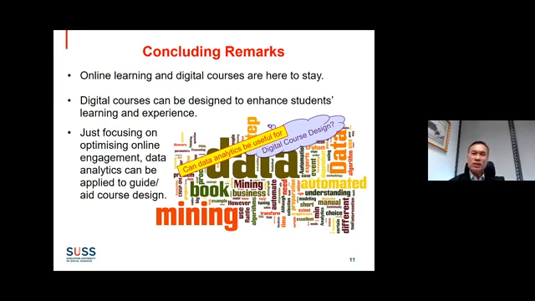And with good course design, we can maximize the outcomes for the students. And this is the situation that we're in today. We have no choice. With COVID-19, we have to make the best use of the opportunities that we have to adopt, to adapt, and to make it better for teaching and learning.